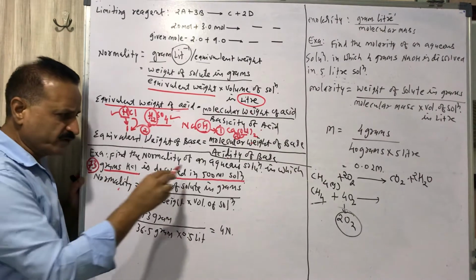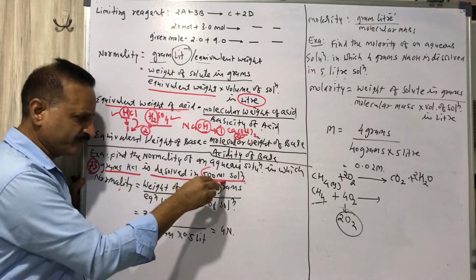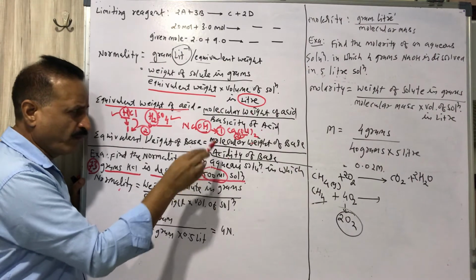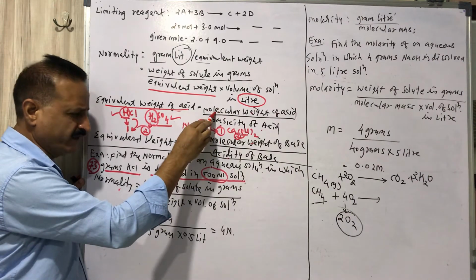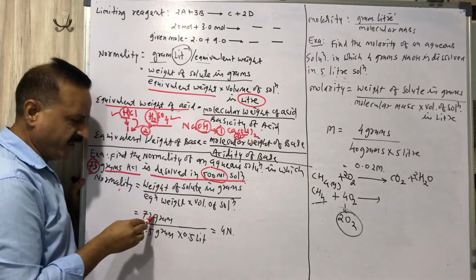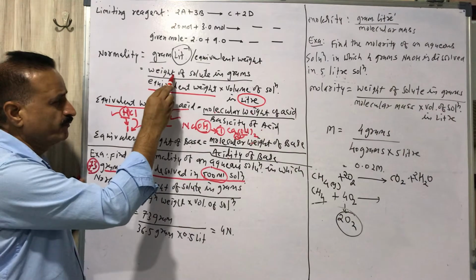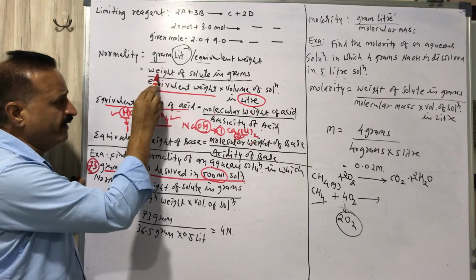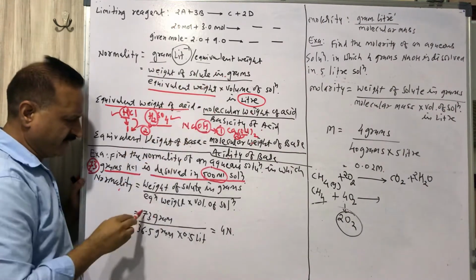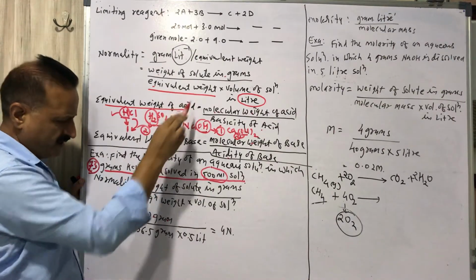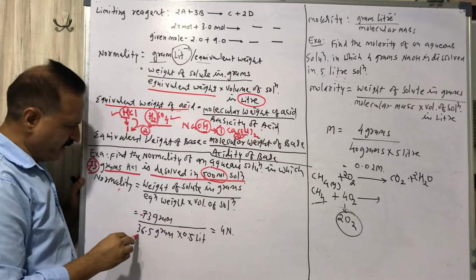The volume of solution given is 500 ml. So use the formula. Weight of solute in grams is 73 grams. Equivalent weight is also needed.